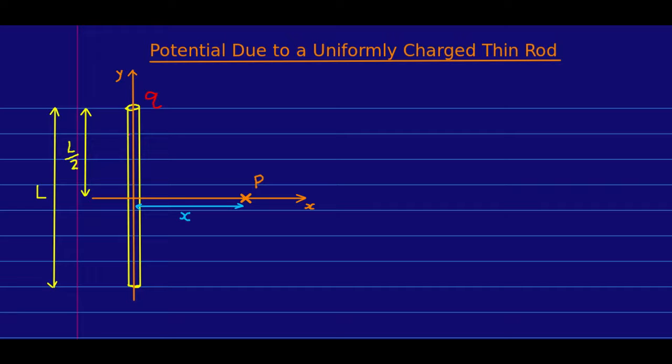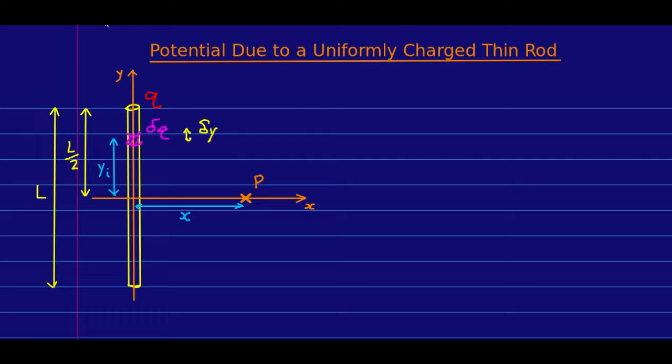So, just as we did before, we're going to think of splitting the rod into little bits. And so I'm going to define a little bit of the rod here, which I'll call delta Q, which is also the symbol for how much charge is on it. And I'll say it has some length, which since it's along the y-axis, I'll call delta Y. And it is at some location in my axes, defined by yi.